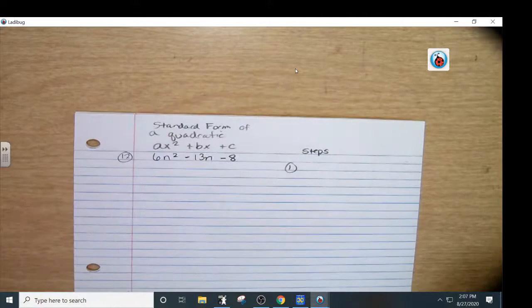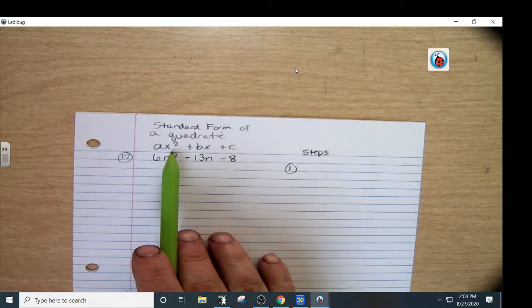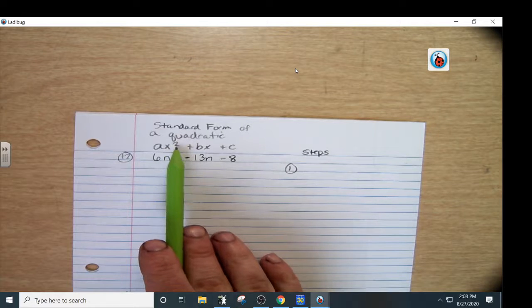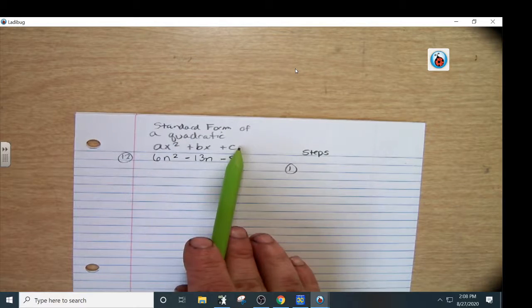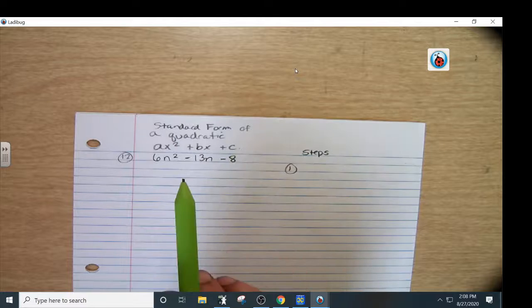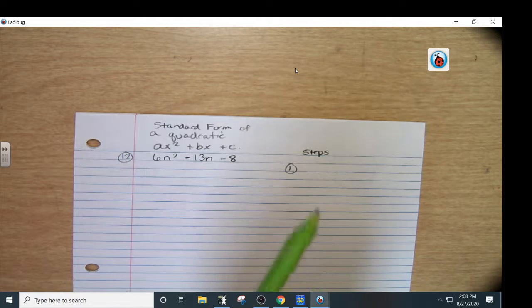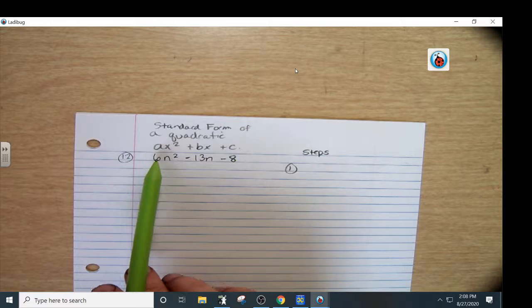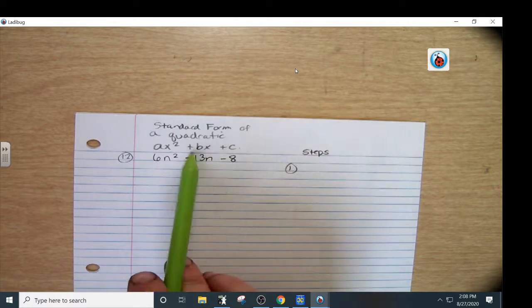Guys, if you're asked what the standard form of a quadratic equation is, that's it. Notice it's written in descending order from highest power to your constant at the very back. Before you do this, it has to be written that way. The variable can be anything. A, B, and C are numbers.